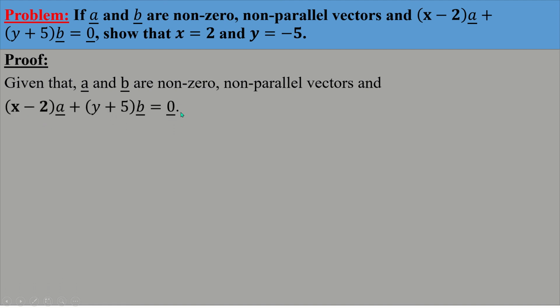As this is a 0 vector, we can write 0 into a vector plus 0 into b vector. Equating both sides we get x minus 2 is equal to 0 and y plus 5 is equal to 0, not vector. This is a scalar quantity. Therefore x is equal to 2 and y is equal to minus 5. Proof is complete. Very easy.